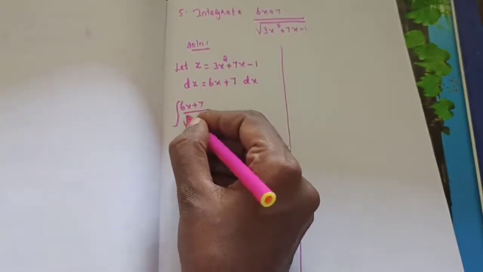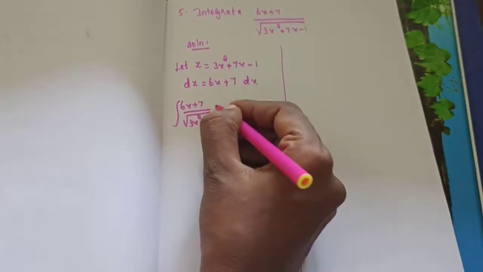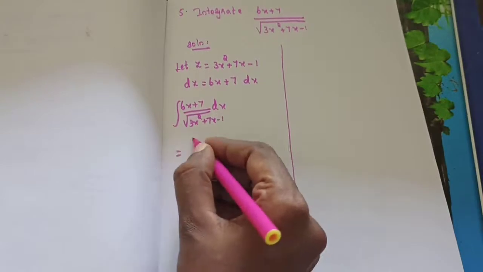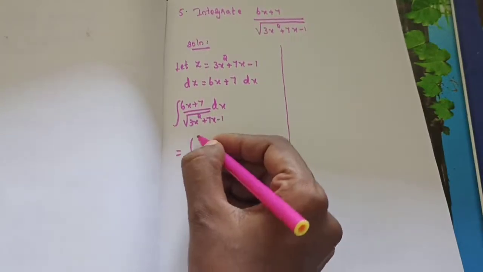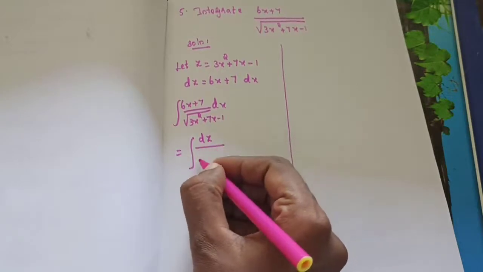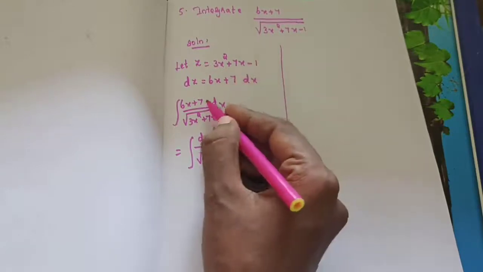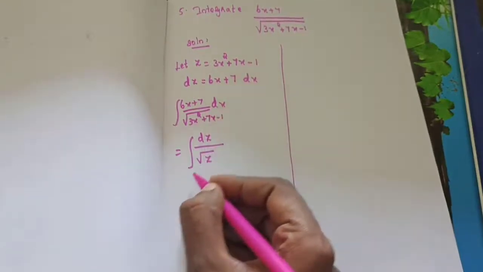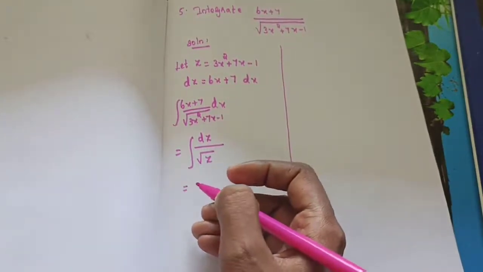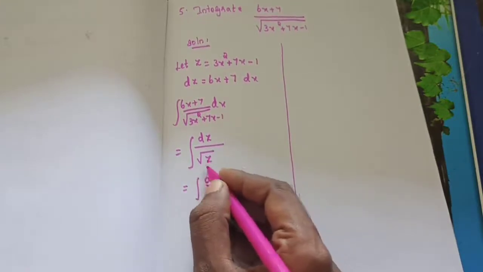The integration of (6x plus 7) divided by the square root of (3x square plus 7x minus 1) dx is equal to the integration of 6x plus 7 dx, that is same as dz, divided by the square root of z. I substituted these two values here.